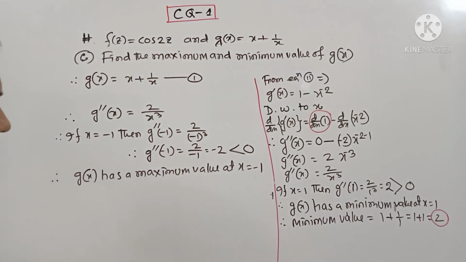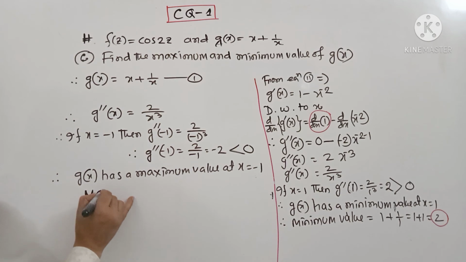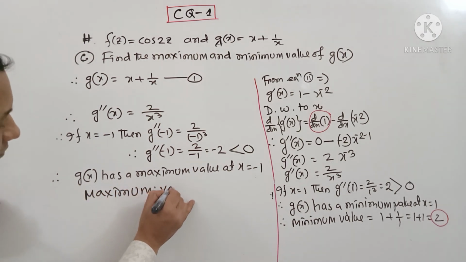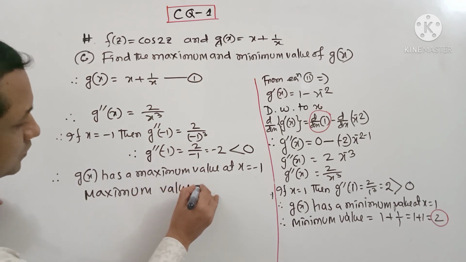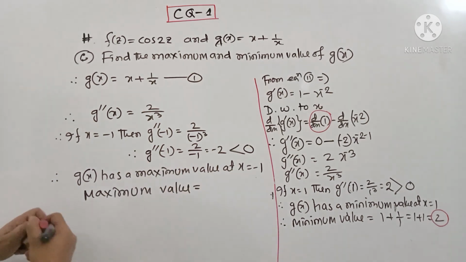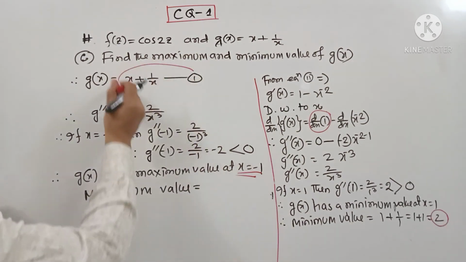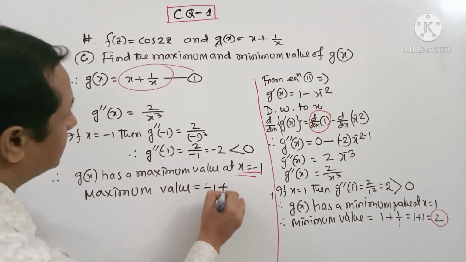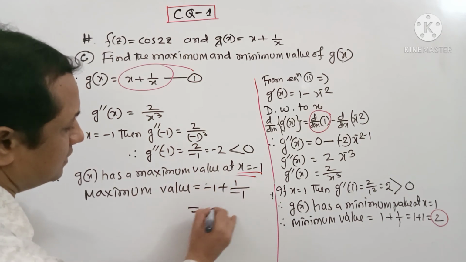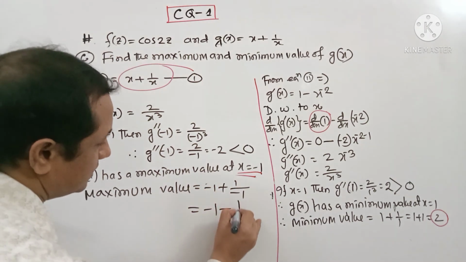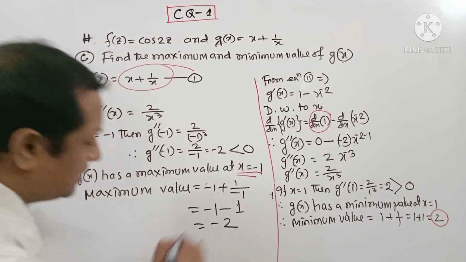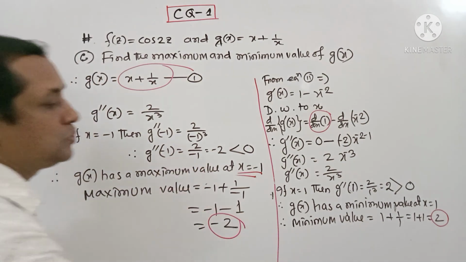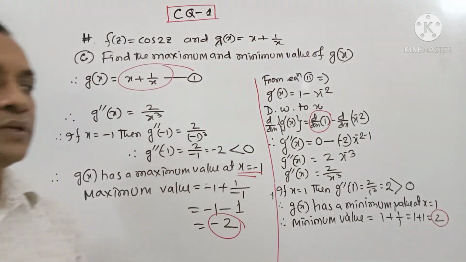So the required maximum value equals, putting the value of x equals minus 1 in equation 1, we get minus 1 plus 1 by minus 1. So minus 1 minus 1, so student, minus 2. So here the maximum value is minus 2 and the minimum value is 2.